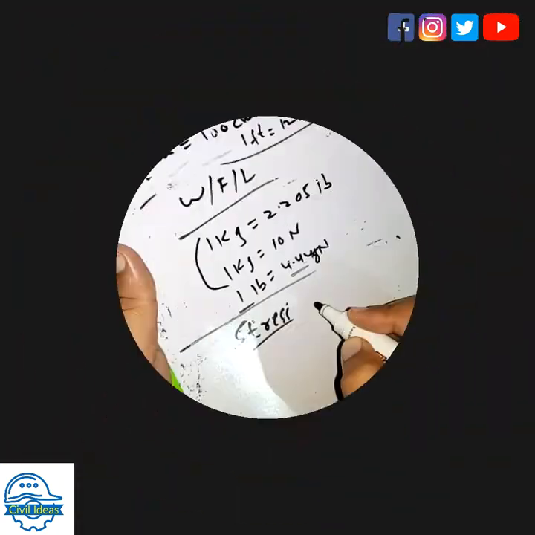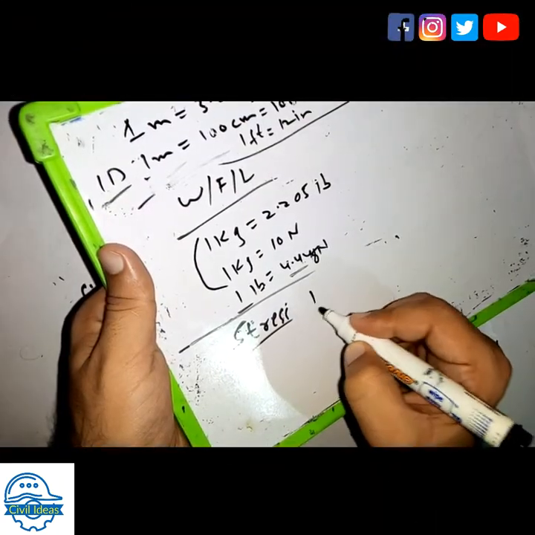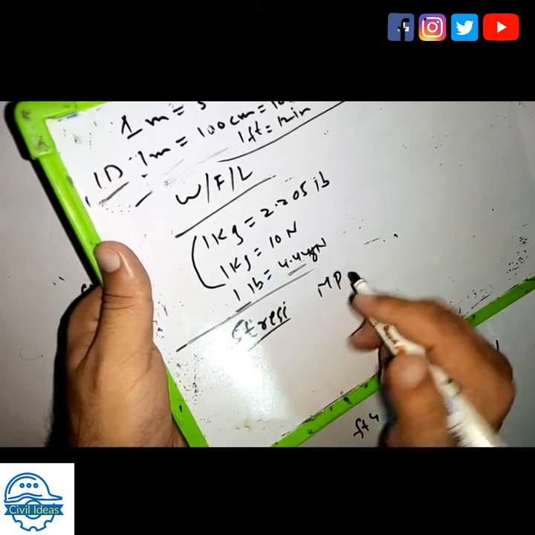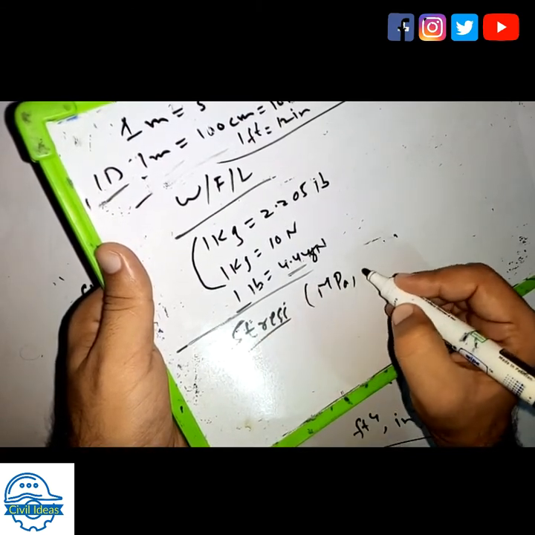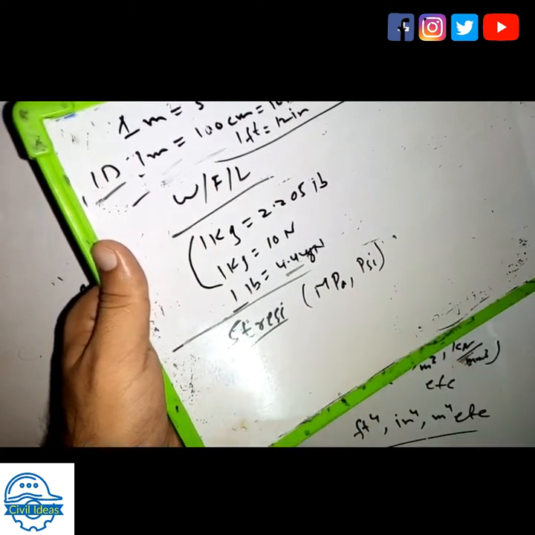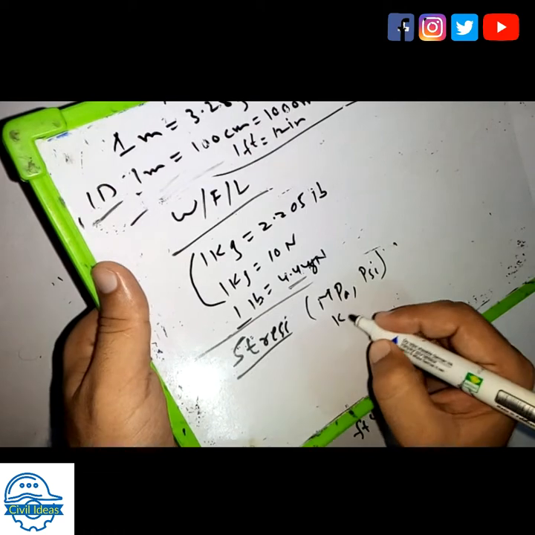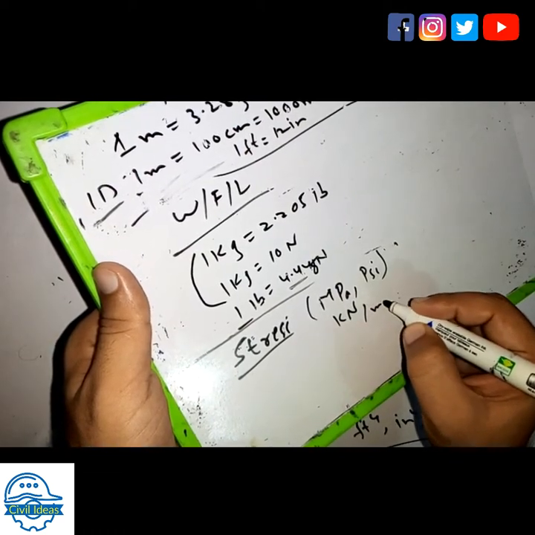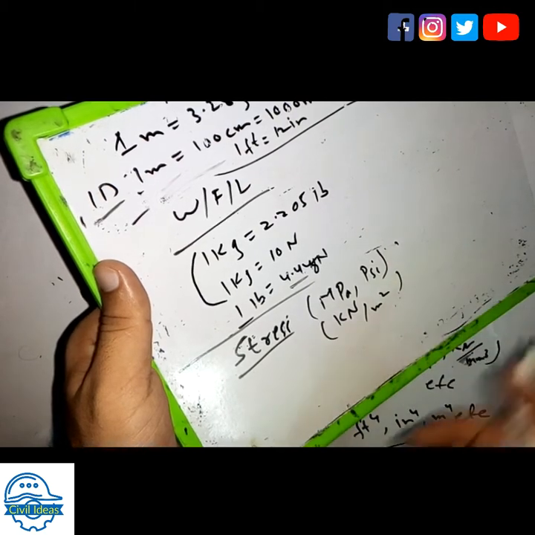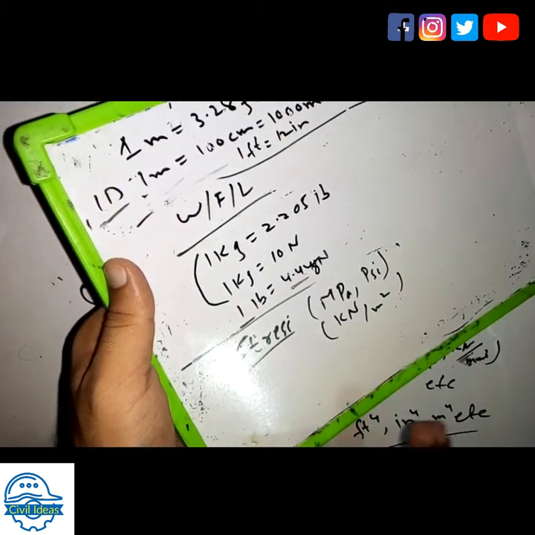Now we will take stresses. Normally we have megapascal, MPa, or PSI, or kilonewton per square meter. These are the general units we use for stresses.